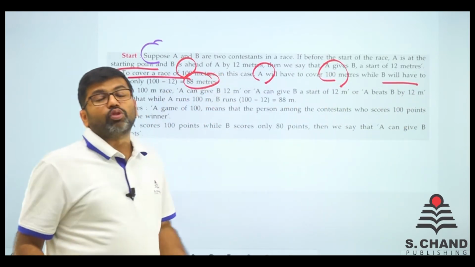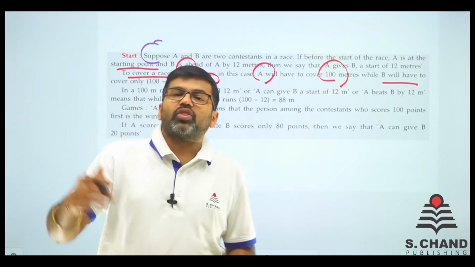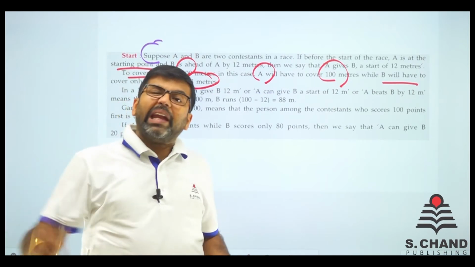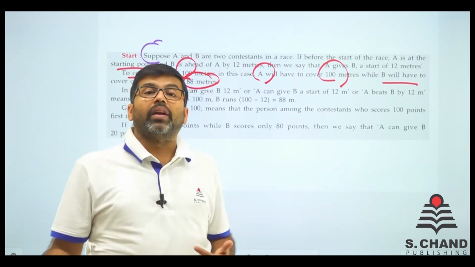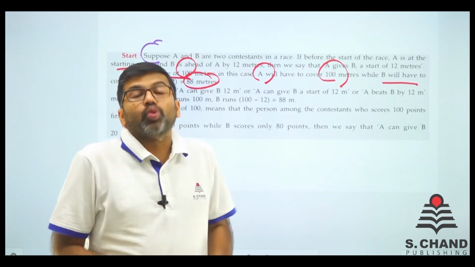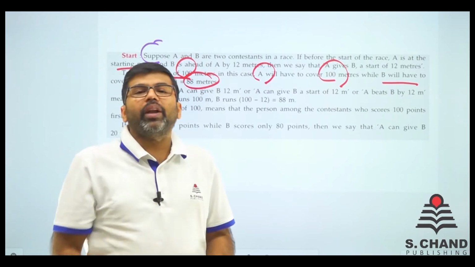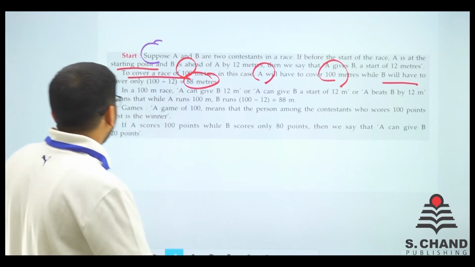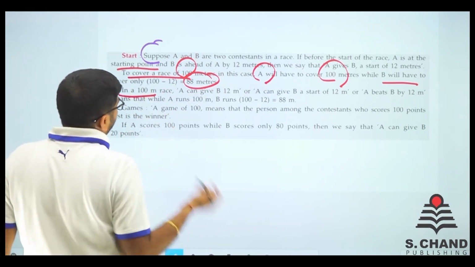Why? भैया वो 12 meters आगे है, तो अब इसके पास टोटल 100 meters में से 12 कैंसिल हो गए हैं, only 88 meters are left to cover. और ये पर्सन जो शुरुआत पे खड़ा है, स्टार्टिंग पॉइंट पे है, he has to cover 100 meters.